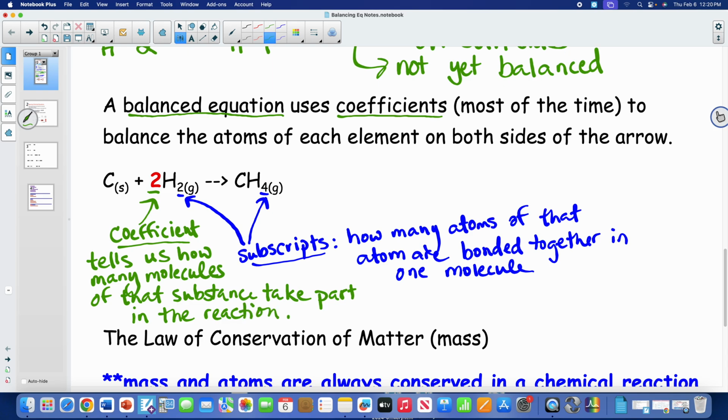Okay, do you feel like you understand the difference between subscripts and coefficients?